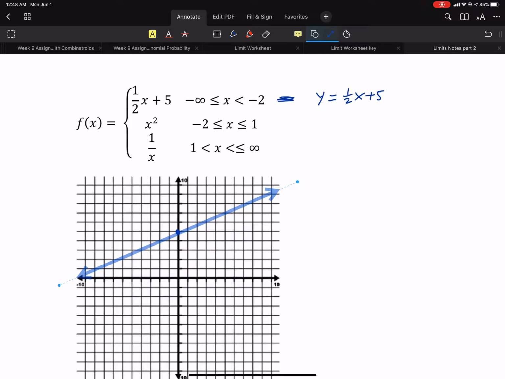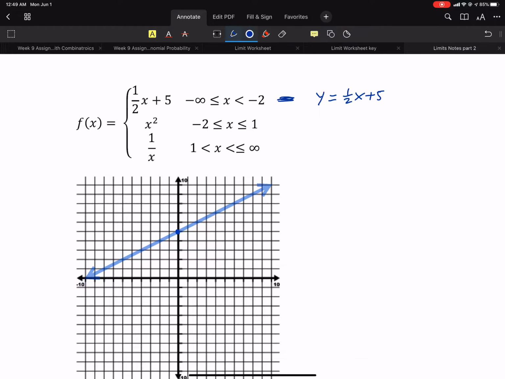I think that's better. Let me see, 1, 2, 3, 4, 5. Oh, that's sad. Let's try this again. Okay, that should be pretty good. Oh, no, I should have drawn it with a... Okay, it's okay. I have to calm down. We're going to be okay.